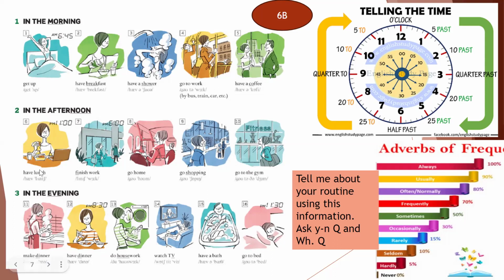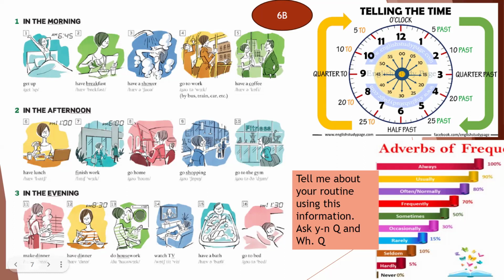In the afternoon, have lunch, okay? Finish work, finish school, finish university, go home, go shopping, go to the gym, go wherever you want to go, okay? In the evening, we have make dinner, si es que hacen la merienda, pues no, si no, ya, pues. Make dinner, have dinner, do homework, do housework.